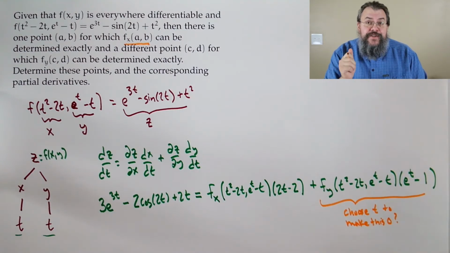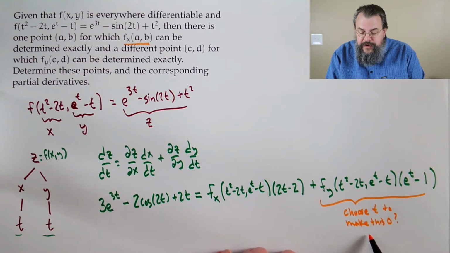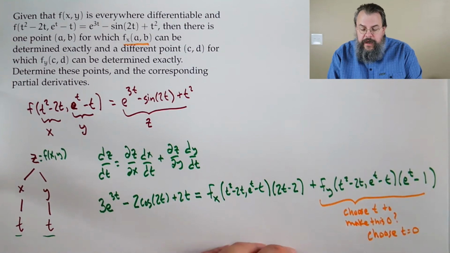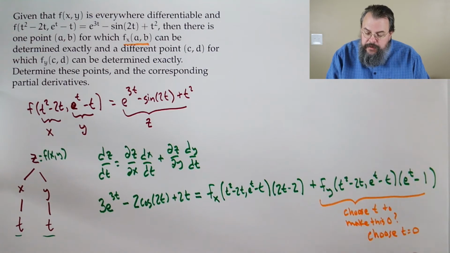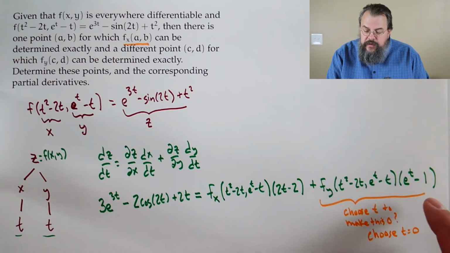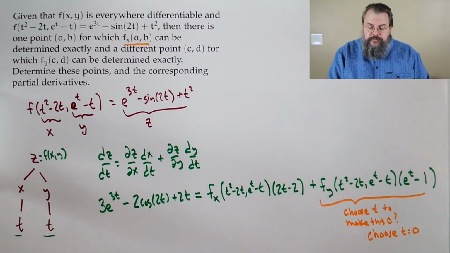Is there a good choice for t so that e to the t minus 1 would equal 0? If you choose t equal 0, great. Then what happens? E to the 0 minus 1 is 0. That term is gone completely.